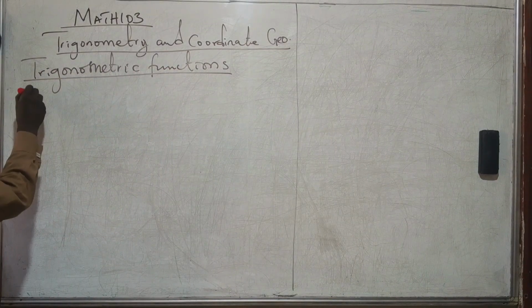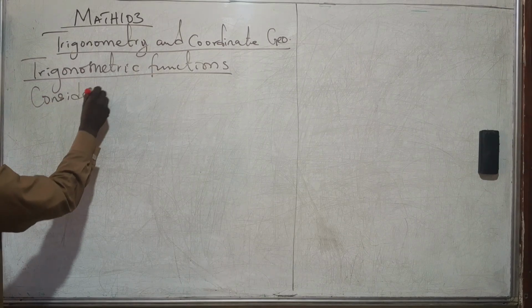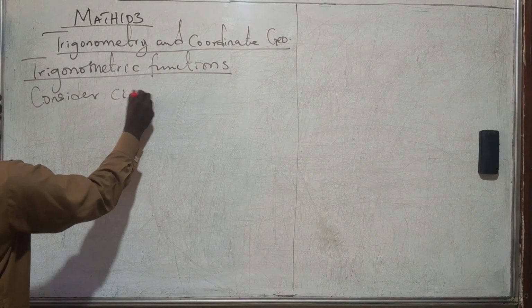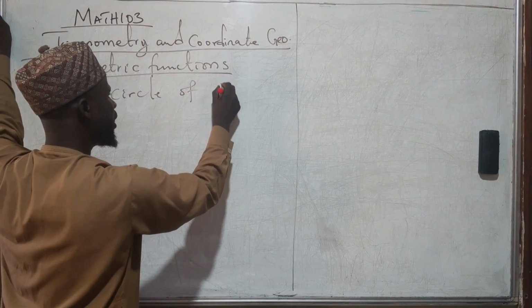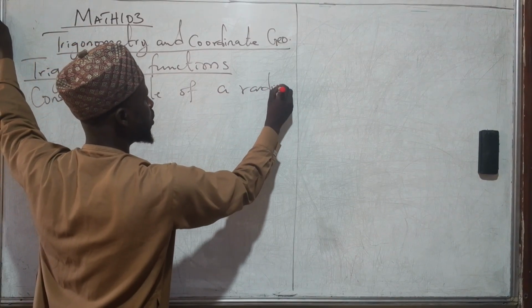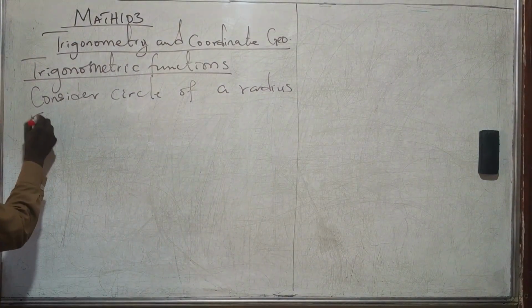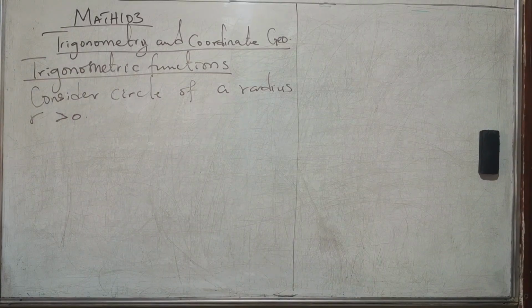So consider a circle of a positive radius, of a radius r greater than 0. That's a positive radius.